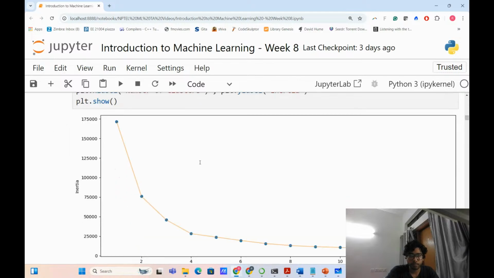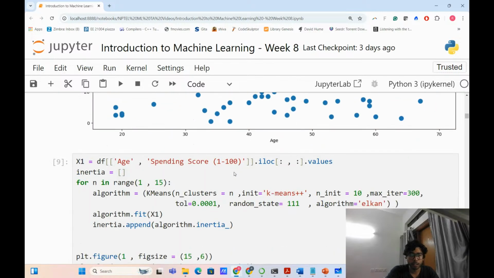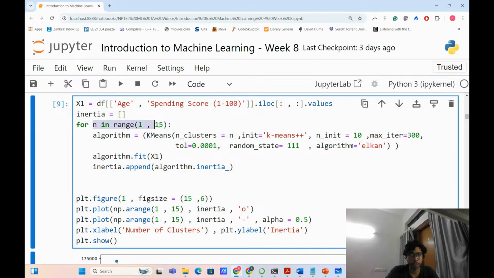So we want to build a cluster out of these, and now we want to determine how many clusters to make. For example, we are running a loop from 1 to 15, so we are running it for 15 iterations.